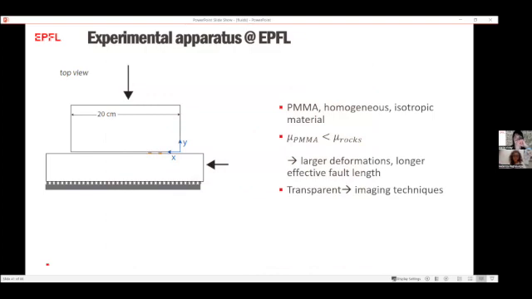For example, the nucleation length of a rupture for PMMA is much smaller than the one that we would expect for rocks. That means that for the same apparatus, we can see much more in detail the dynamic propagation of the rupture. And then on top of that, this material is transparent. That means that we can use imaging techniques, as I will show you in a bit.